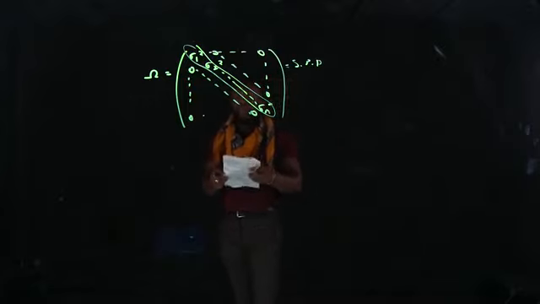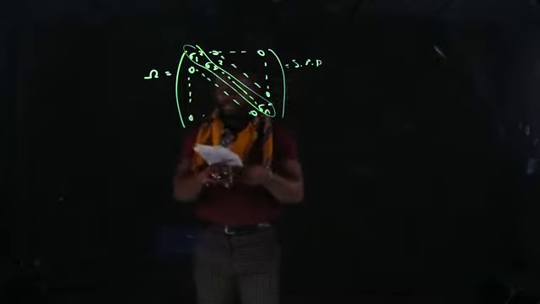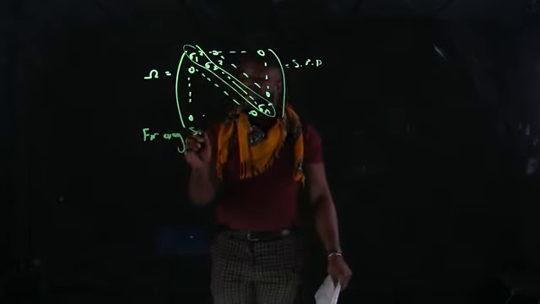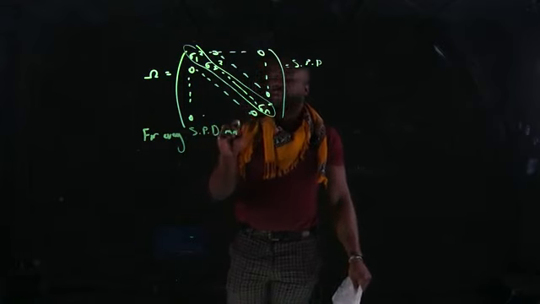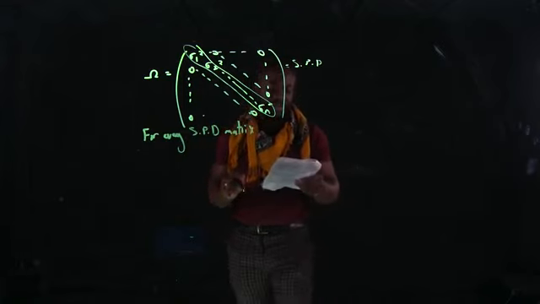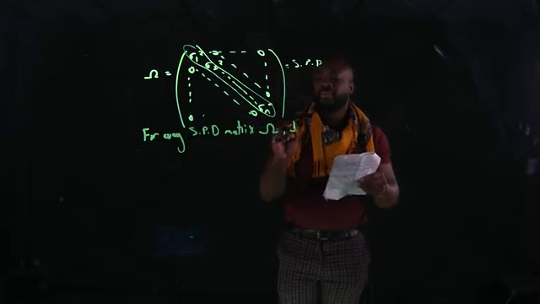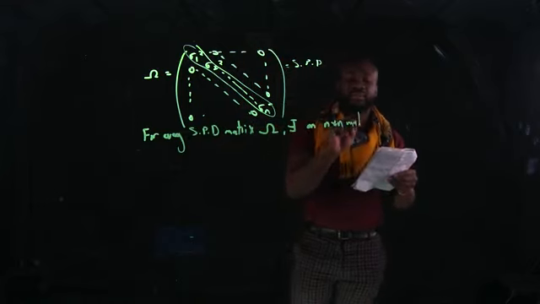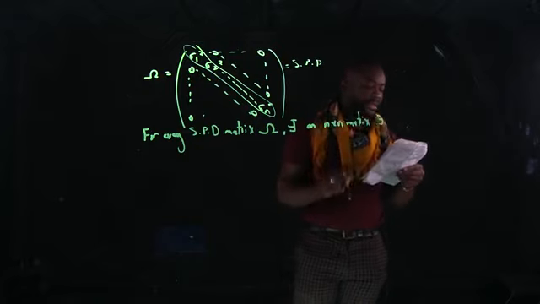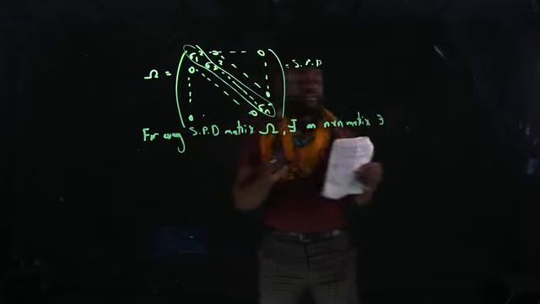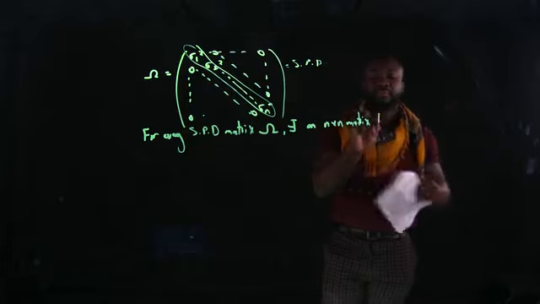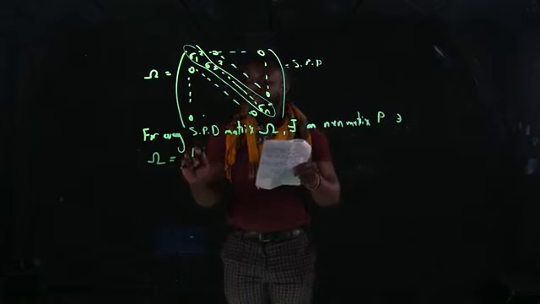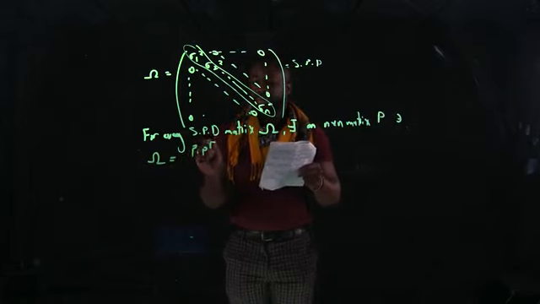Now, a couple of things to note: for every symmetric positive definite matrix omega, there exists an n by n matrix P such that omega is equal to P times P transpose.